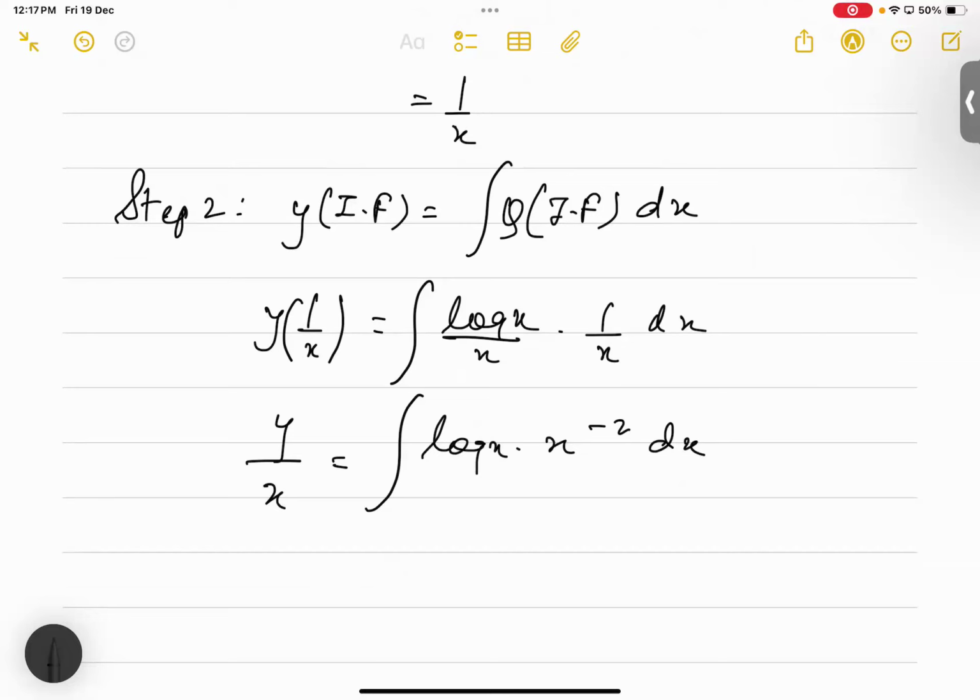See, guys, this is going to be log x upon x square. So x square went up, it became x raised to -2. Now this is logarithmic, this is algebraic. No need to reverse it because logarithmic comes before algebraic.